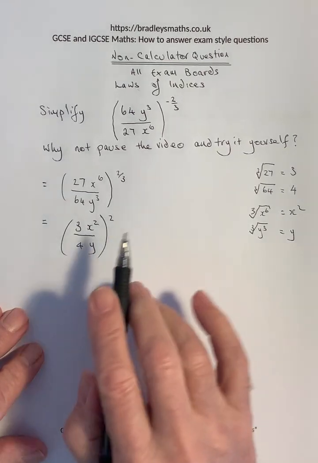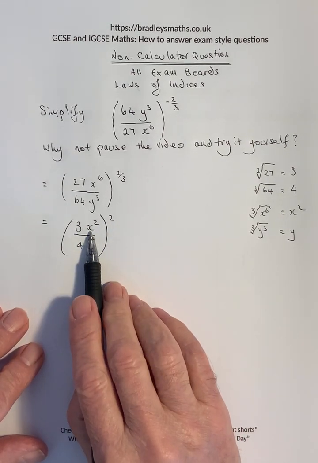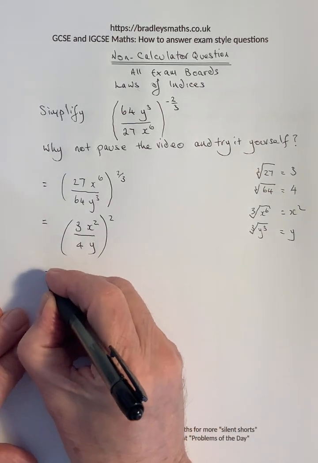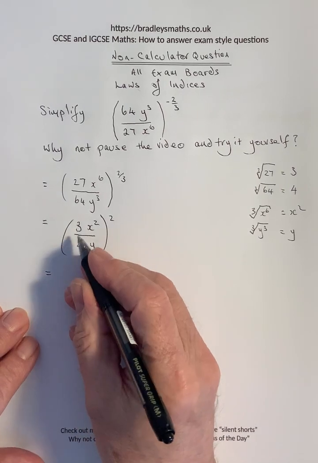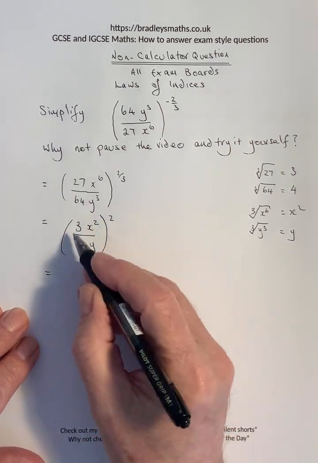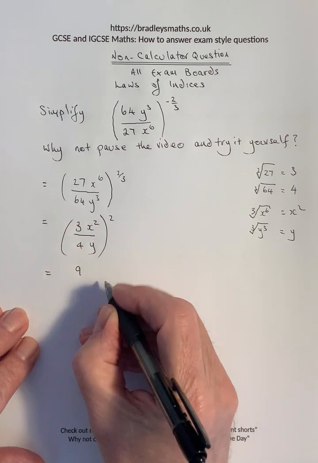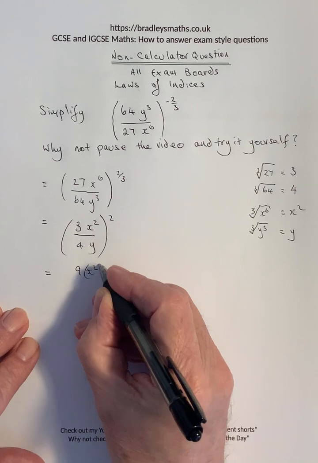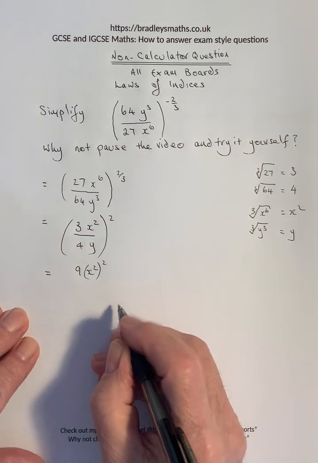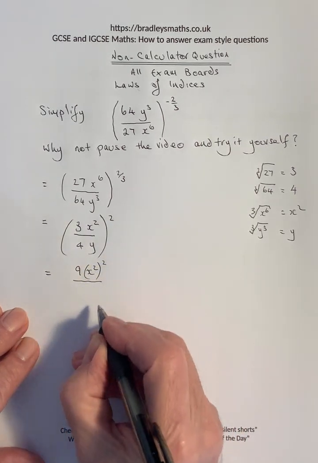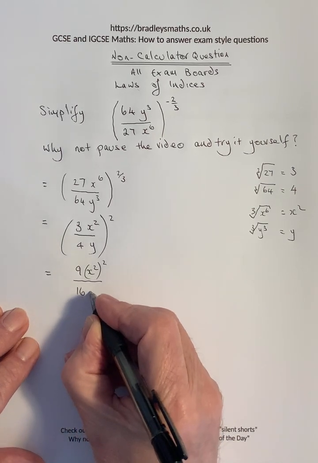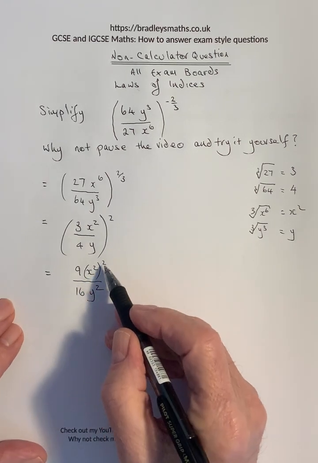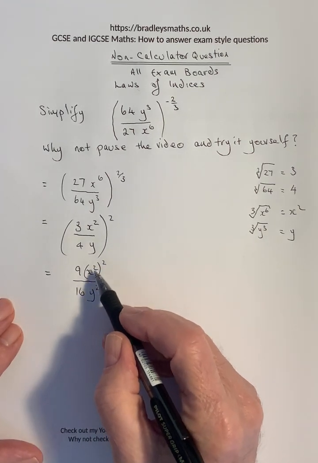And then we square the numbers, we square the variables. Square the number, square the variable. So we have 9, 3 times 3 is 9, x squared over 4 times 4 is 16 y squared, and then we just sort this out, and all we do is multiply the indices.